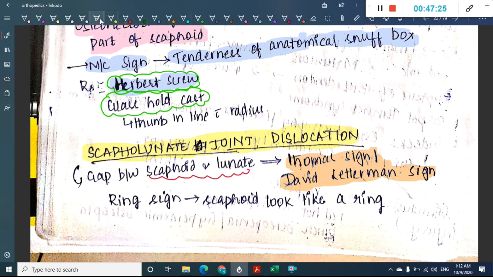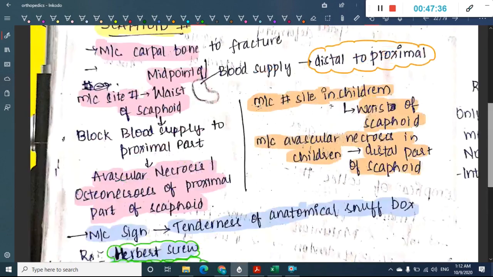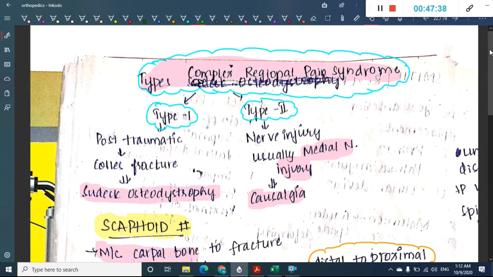Then we have one more sign associated here, which is called the ring sign. In the ring sign, the scaphoid looks like a ring. So this is scapholunate joint dislocation.